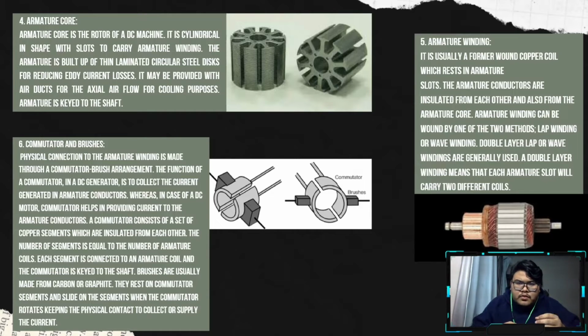It is usually formed of copper coils placed in the armature slots. Next, we have the commutator and brush. The commutator helps in providing current to the armature conductors, and brushes are usually made from carbon and graphite.